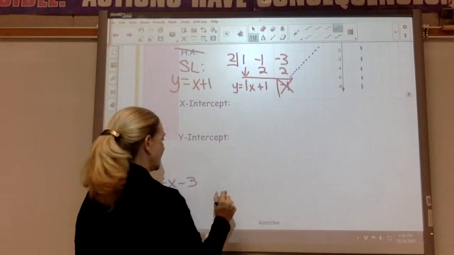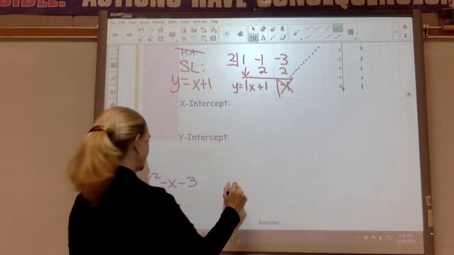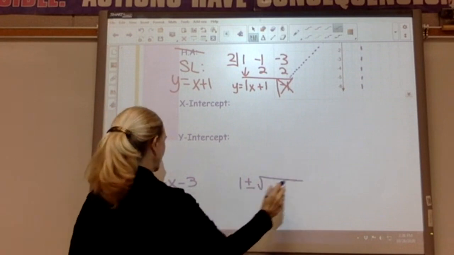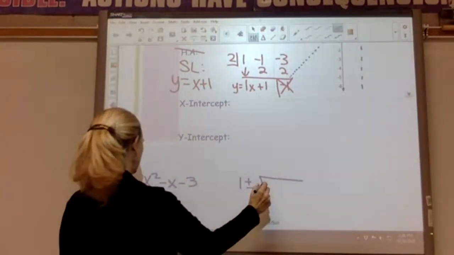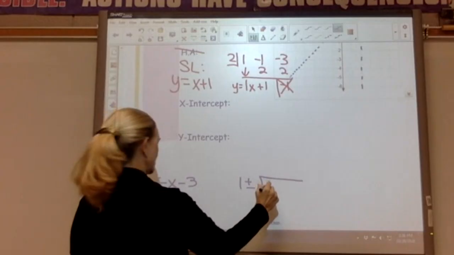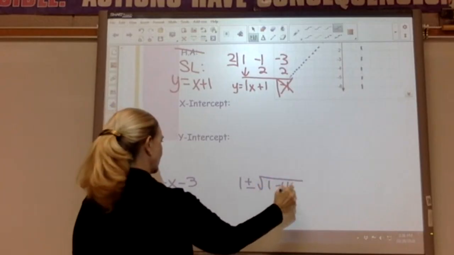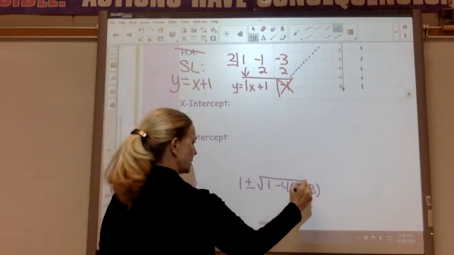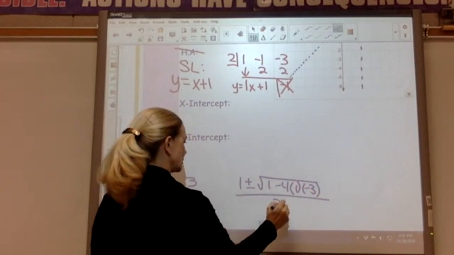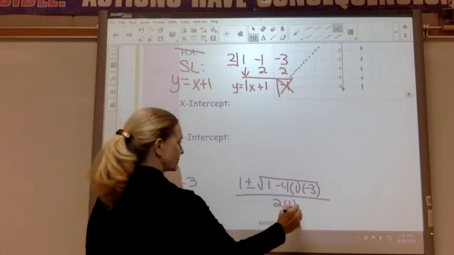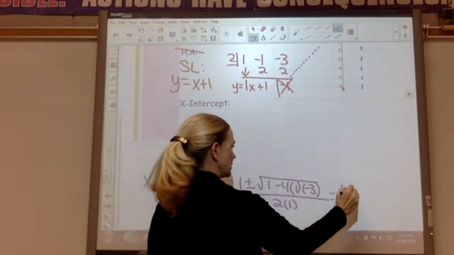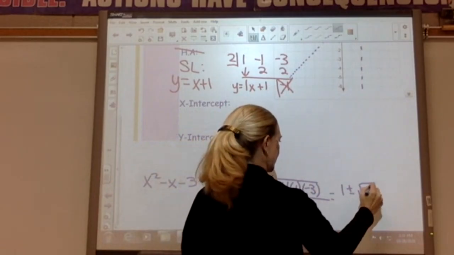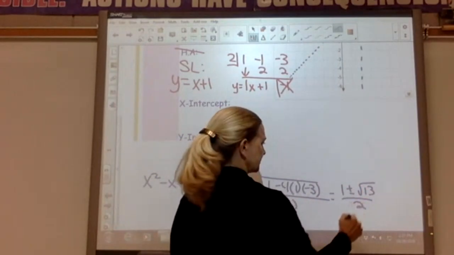So I'm going to have negative b, so that's positive 1, plus or minus the square root of b squared, which is 1 minus 4 times 1 times negative 3, all over 2 times 1. So this is 1 plus or minus the square root of 13 over 2.